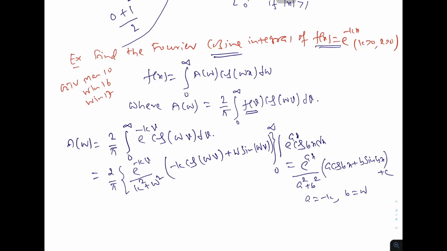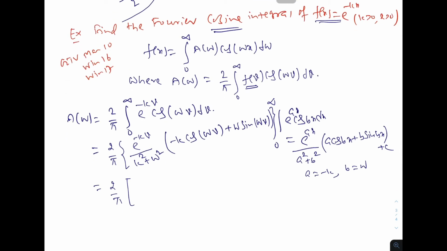Now this is equal to 2 by pi. When v tends to infinity, e^(-kv) is 0, so the upper limit is 0.